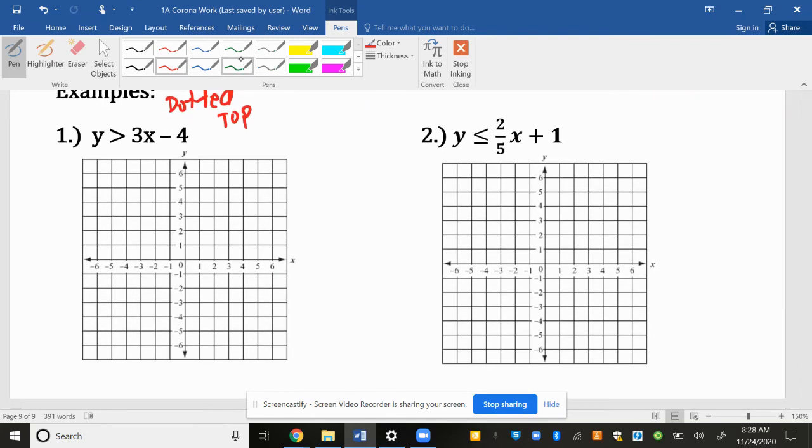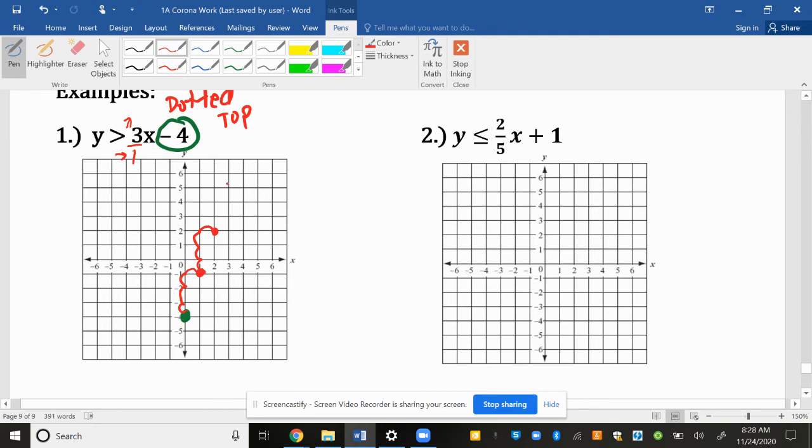We're going to start with our y-intercept of -4, down 4, put a dot on the y-axis. Now my slope is 3. I'm going to write it as 3 over 1, so I'm going to move up 3, right 1, starting from my y-intercept: 1, 2, 3, and then to the right 1, there's my dot. I'm going to do another one: 1, 2, 3, and then to the right 1, there's my dot.